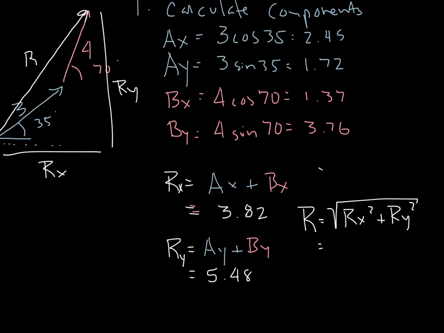So we end up with 3.82 squared plus 5.48 squared. And we take the square root of that, which equals 6.34. Now obviously we're ignoring significant figures here. If we weren't, we could say it's 6 kilometers.